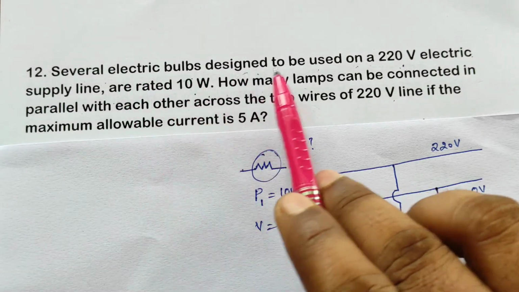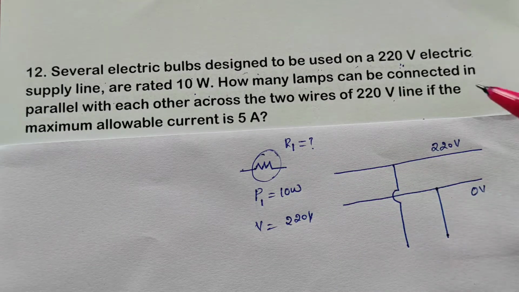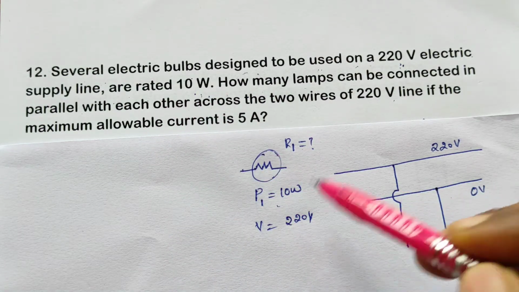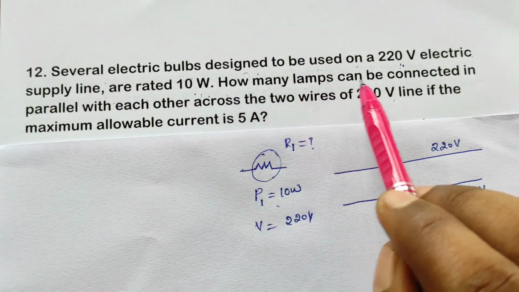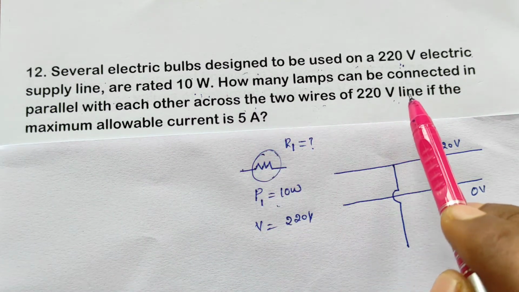Several electric bulbs designed to be used on 220 volts, which can be used for this 220 volts electric supply and are rated 10 watts. So this bulb has rating 10 watts. How many lamps can be connected in parallel with each other across the two wires of 220 volts?